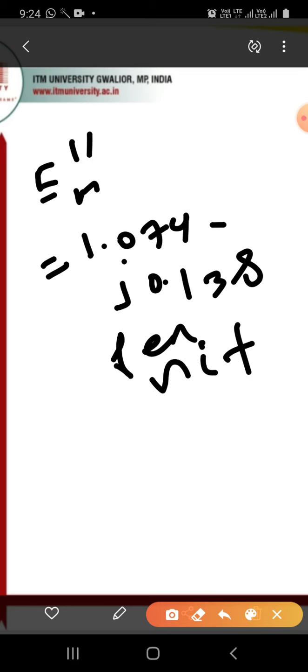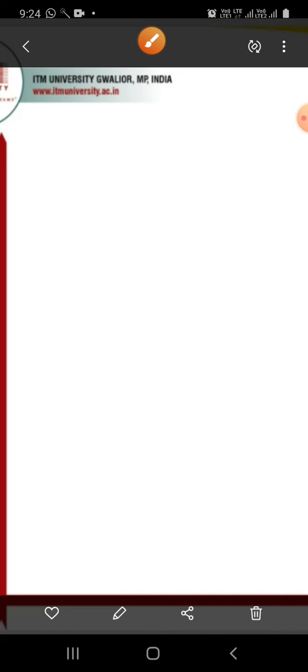Now I can write Im double dash. In our previous calculation I have written Em double dash, and I am talking about the motor case now.